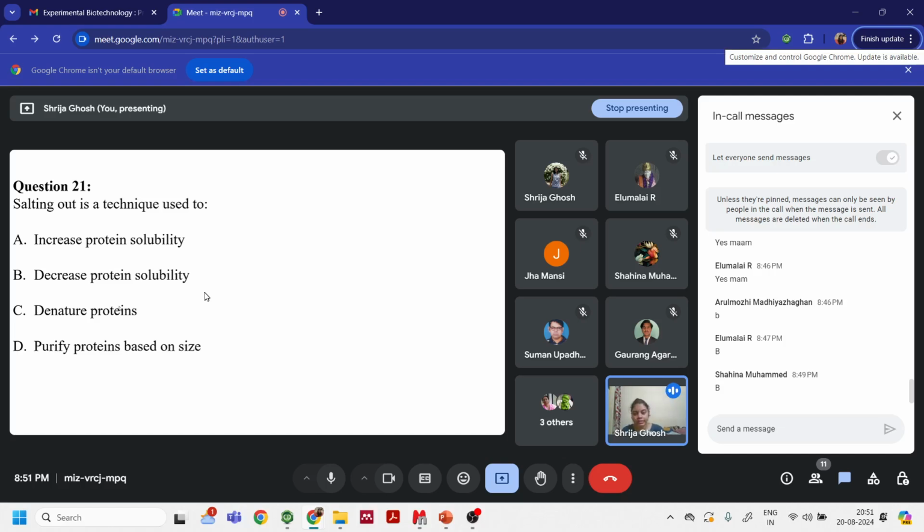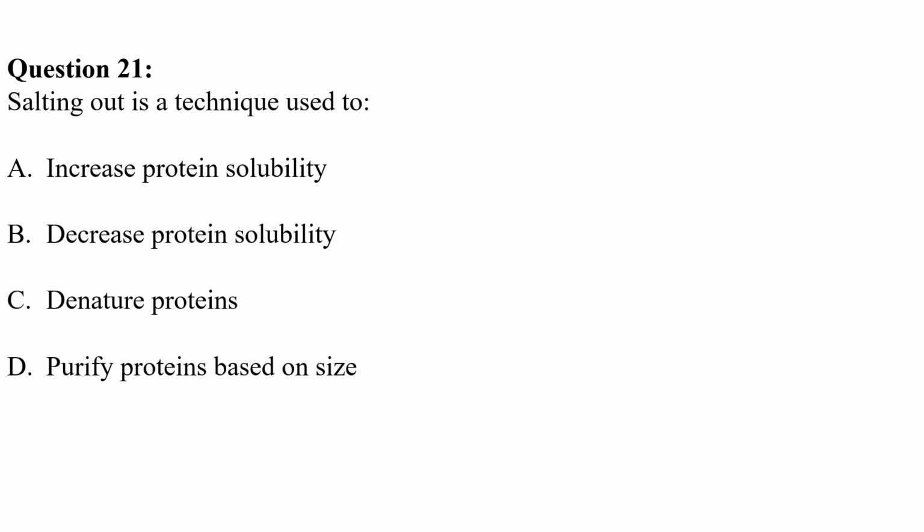Okay, we have one answer, option B. Anyone else? What do we mean by salting out? So option B is the correct answer. Decrease protein solubility.